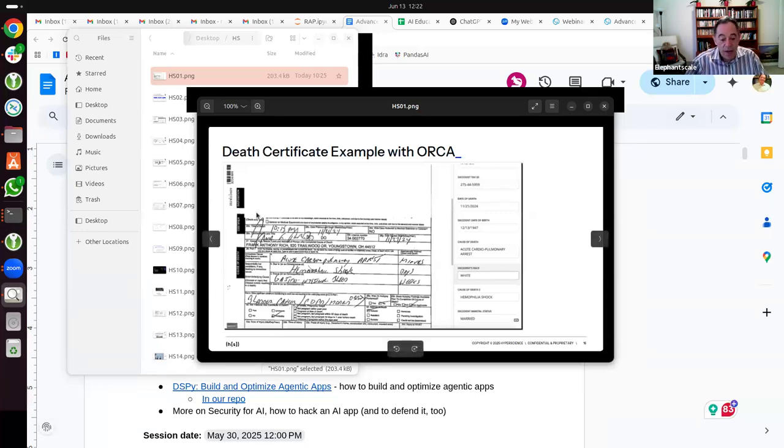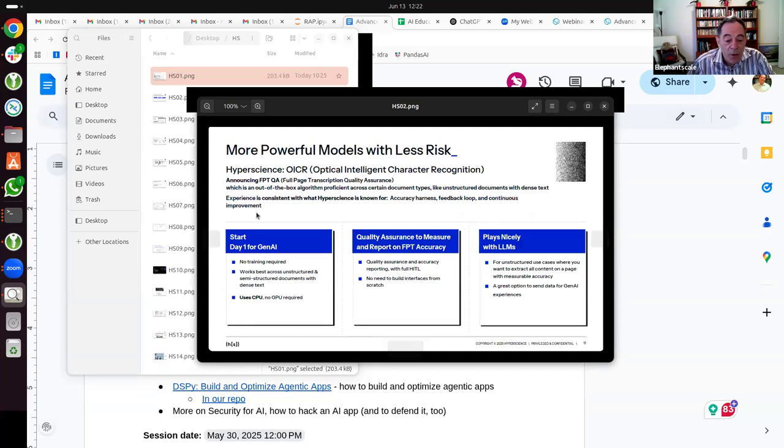Okay, so let's look at the next one. Their approach is combined, and I'm not sure if it's only technical, it's also marketing. They have the first platform which they call OICR, Optical Intelligence Character Recognition, and they say, oh, no training required. How cool is that?